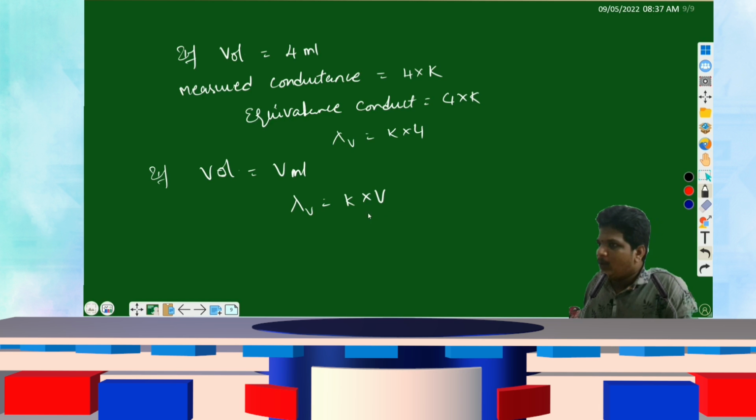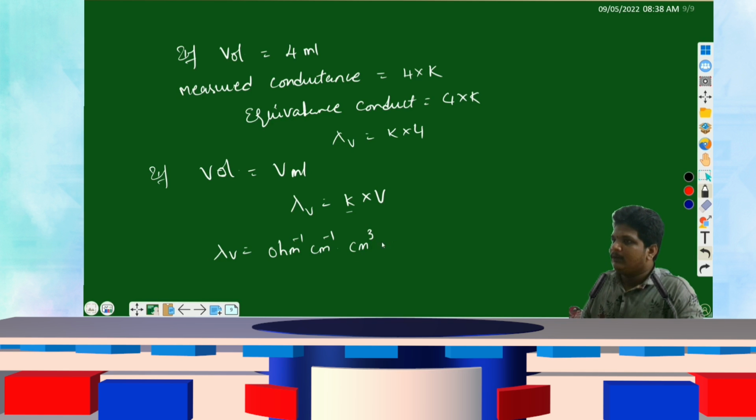Now, what are the units of this equivalent conductance? As we know, the unit of specific conductance is ohm inverse centimeter inverse. V is the volume of solution containing 1 gram equivalent electrolyte, so its unit is centimeter cube equivalent inverse.